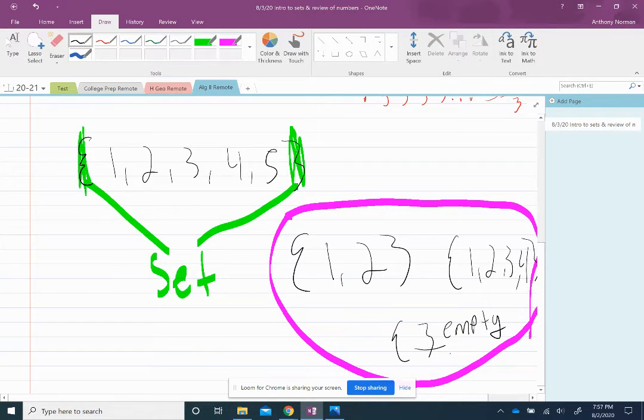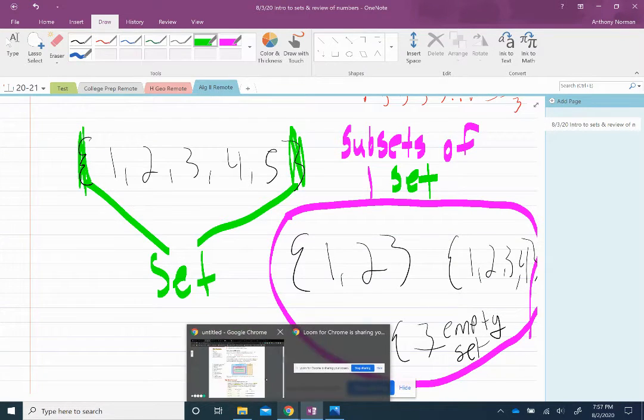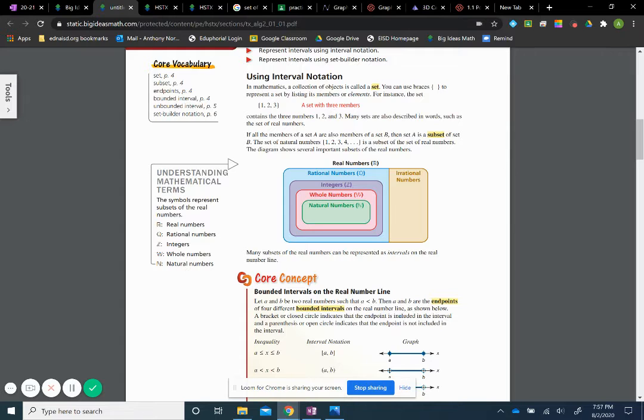Very complicated, I know, but I have faith you can figure it out. So these are all subsets of the green set. We can even have a subset of the numbers.